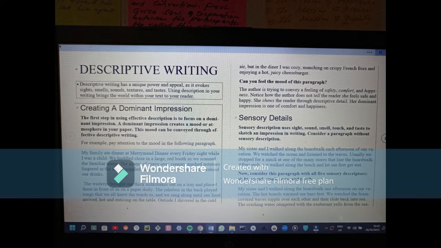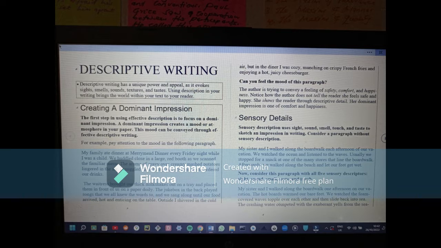The waitress brought our thick milkshakes out on a tray and placed them in front of us on a paper doily. The jukebox in the background played songs that we all knew the words to, and we sang along until our food arrived hot and enticing on the table. Outside, I shivered in the cold air, but in the diner, I was cozy, munching on crispy French fries and enjoying a hot, juicy cheeseburger.